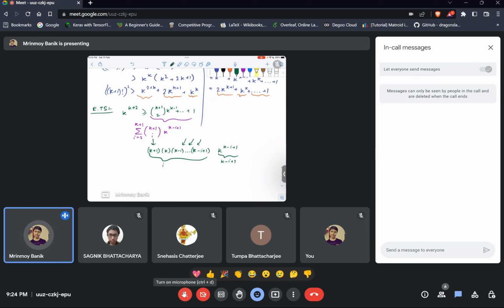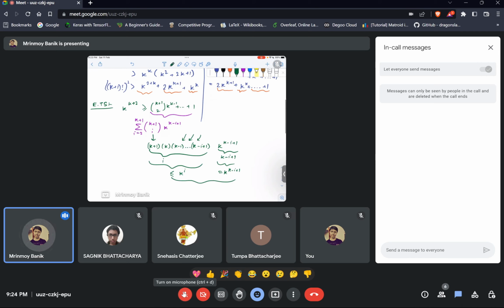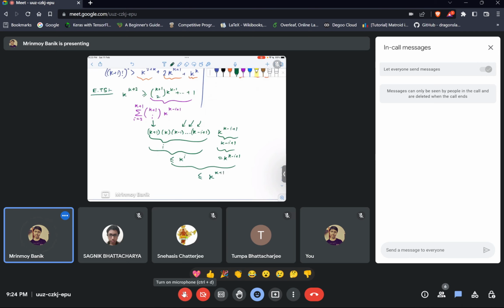So we can say all the terms here are less than or equal to k power i, and all the terms here are less than or equal to k power k minus i plus 1. So their product is less than or equal to k power k plus 1.